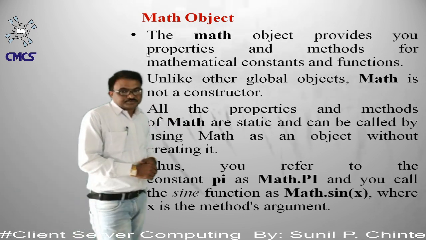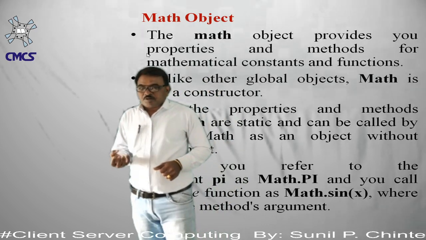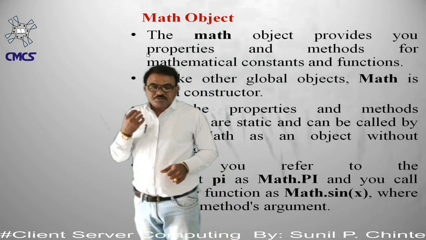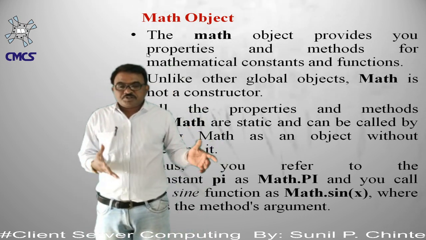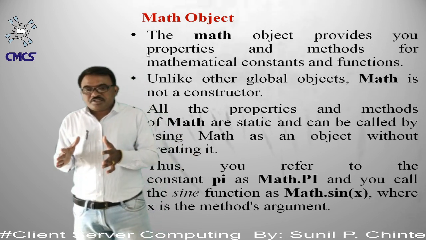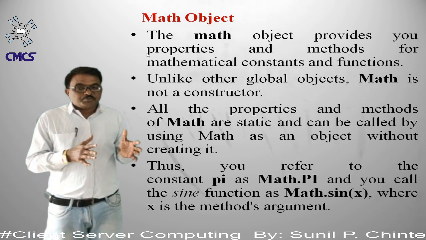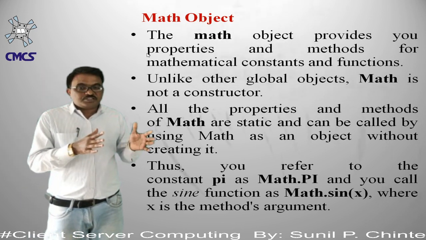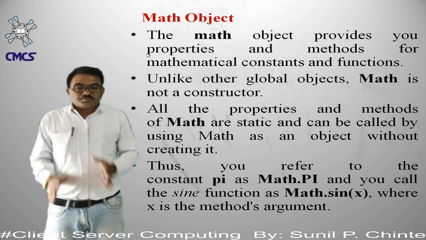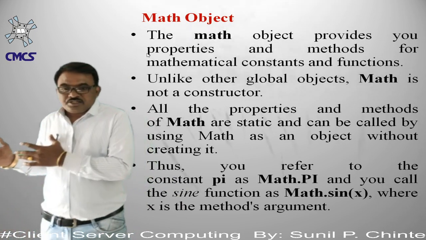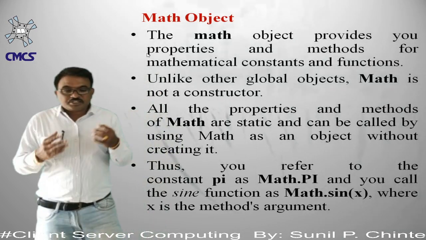Means the math object, all the properties and methods can be invoked by using Math dot. Means we can directly invoke the properties and methods by using Math dot, because these are static methods. But in other objects, we first create the object by using the constructor and then we invoke the methods and properties.